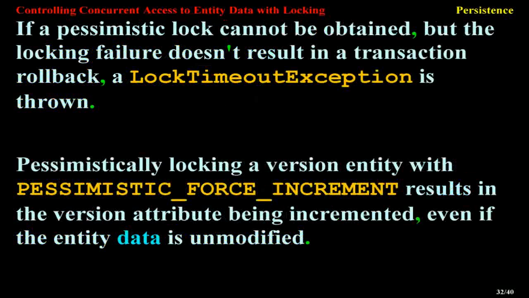If a pessimistic lock cannot be obtained, but the locking failure doesn't result in a transaction rollback, a LockTimeoutException is thrown. Pessimistically locking a version entity with pessimistic force increment results in the version attribute being incremented, even if the entity data is unmodified.